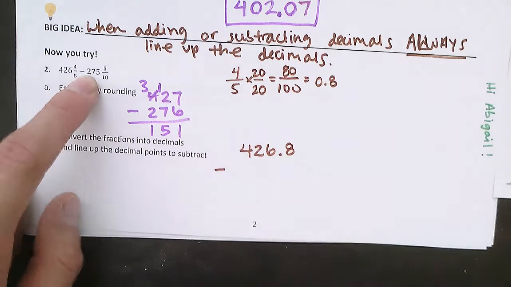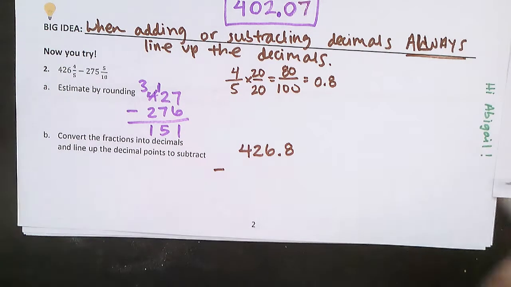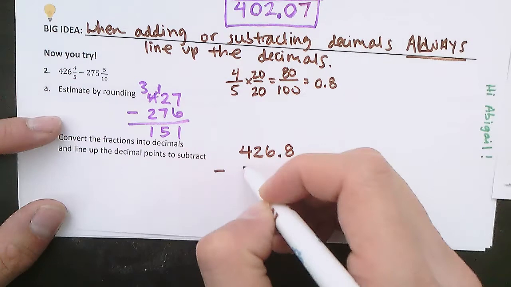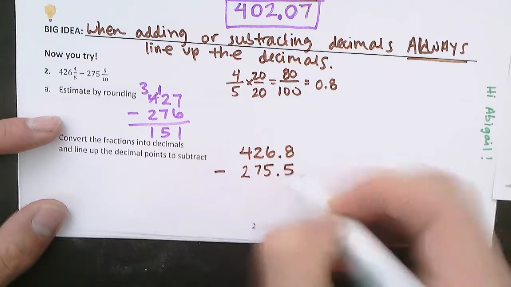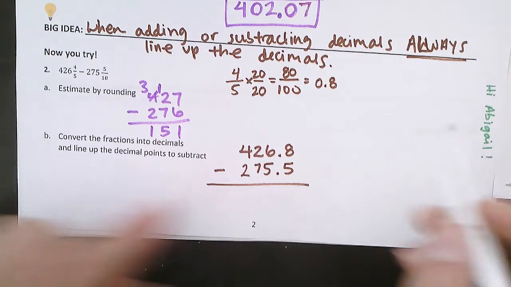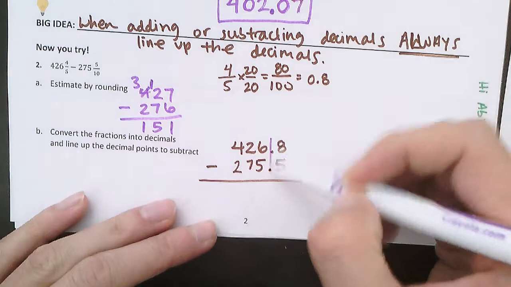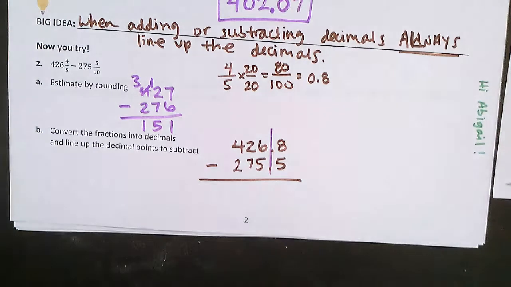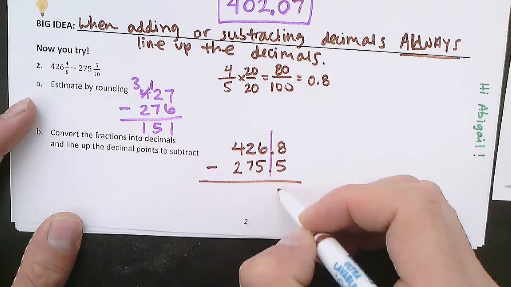minus 275 and 5/10. 5/10 is 0.5. So minus 275.5 right here. And notice how my decimal is nice and lined up between these two numbers. So I'm all organized, and then I can subtract. 8 minus 5 is 3.